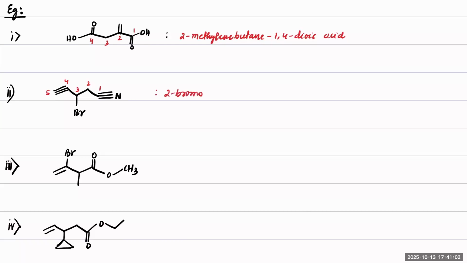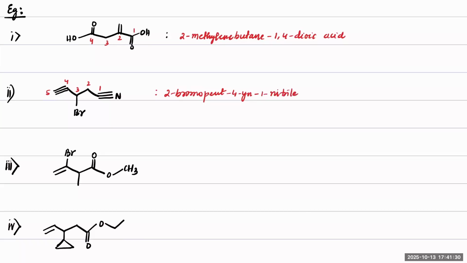And then we have 1 to 5 here, which is the cyanide part of it. So what do we have here? This is pent, 4-yne, and at one position we have nitrile. So notice that, 1-nitrile.